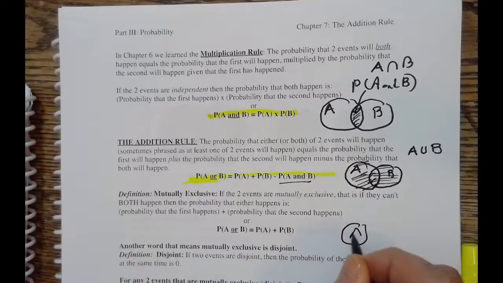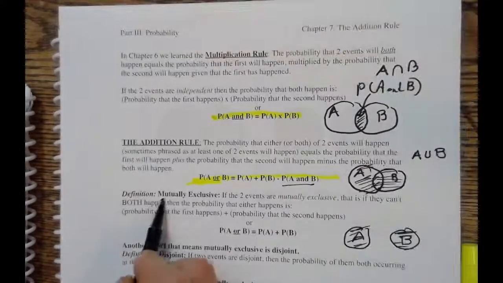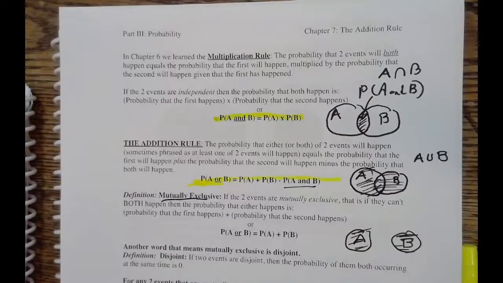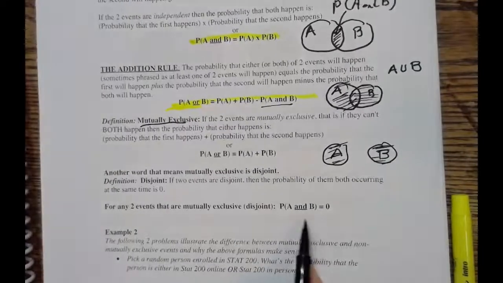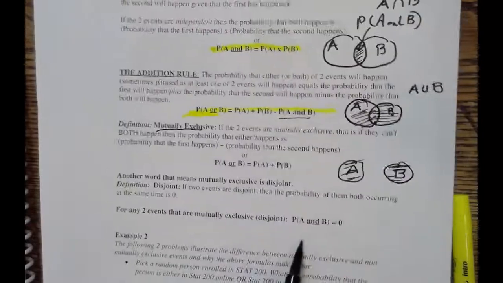If you're in A, you can't be in B. Well, then you can just add the 2 events because there is no intersection. Okay. So that's mutually exclusive. Being in one excludes the other. This formula still works. It's just that this part is 0 now.